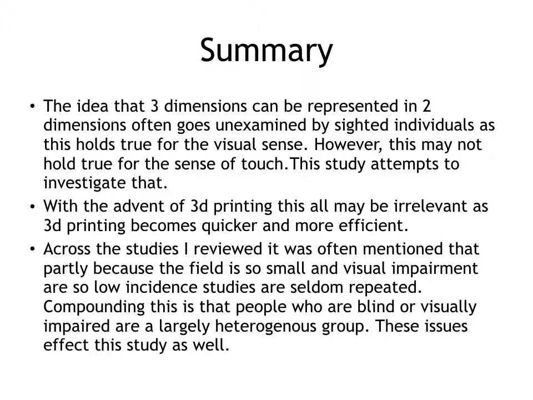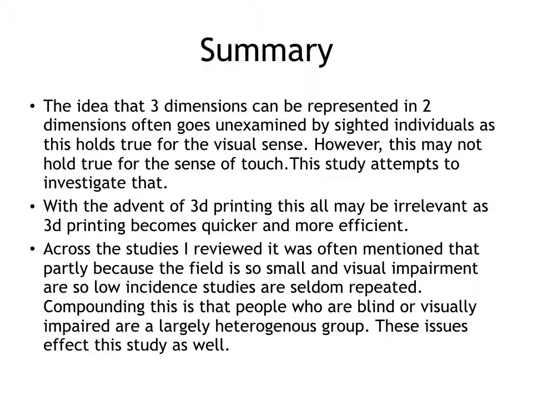Another thing that I noticed in my literature review was that often a limitation of the study that I was looking at that was noted was that because the field is so small and that visual impairment is such a low incidence disability, the studies are seldom repeated.